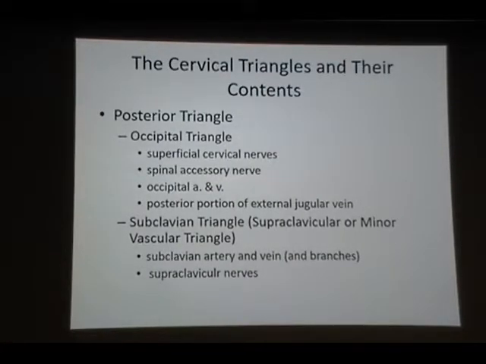Okay, let's look at the posterior triangle first because it's a little bit more defined. There are only 2 subtriangles here. So the highest portion is back under your occiput, at the back of your skull. And in there are what? There are superficial cervical nerves, like lesser occipital, in that triangle. Some of the supraclaviculars are in that triangle. Spinal accessory nerve passes from the sternocleidomastoid to the trapezius muscle in that triangle.